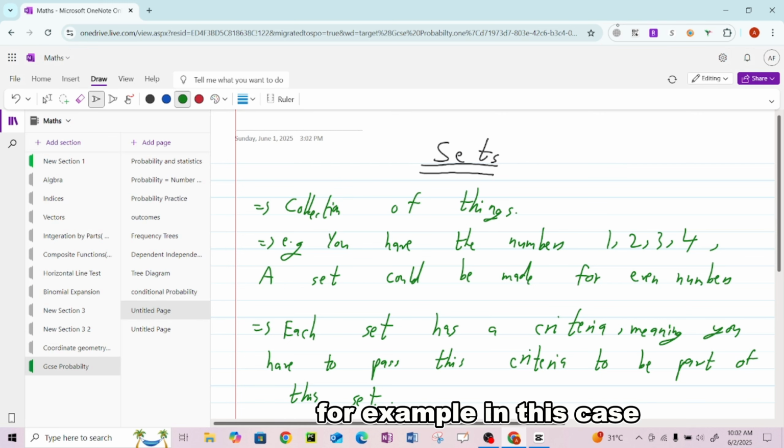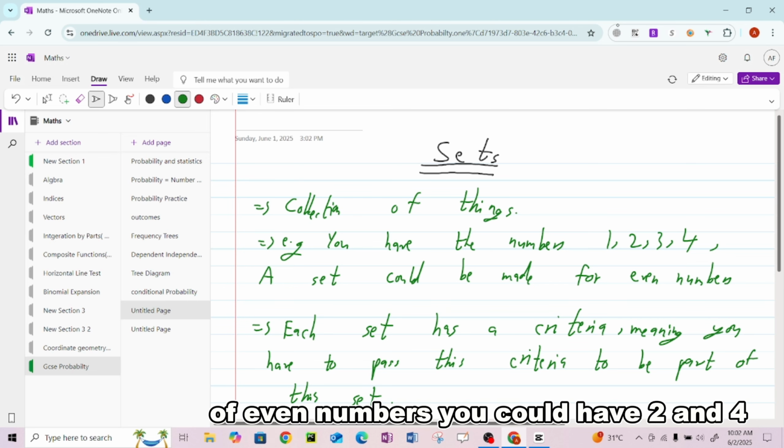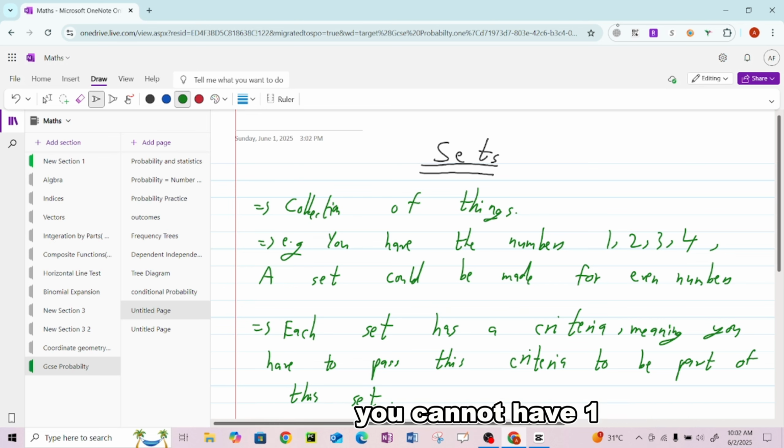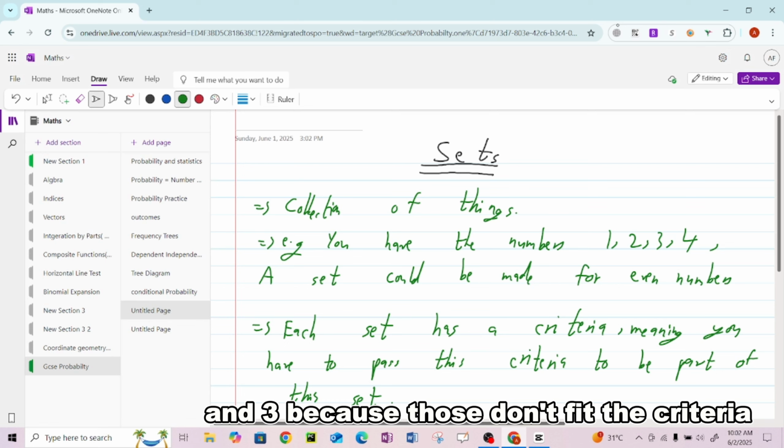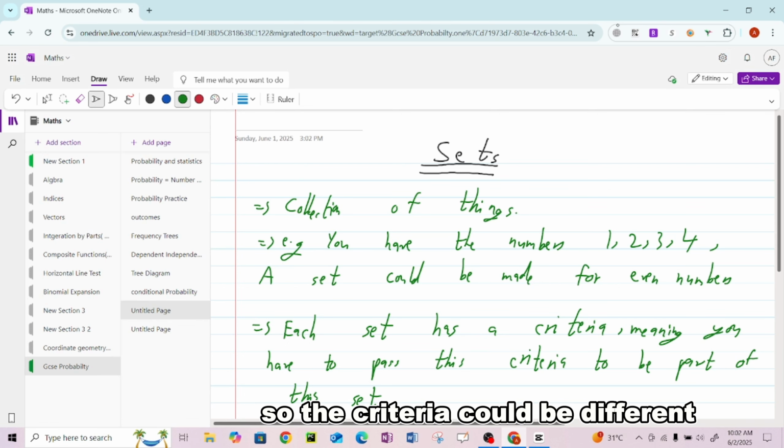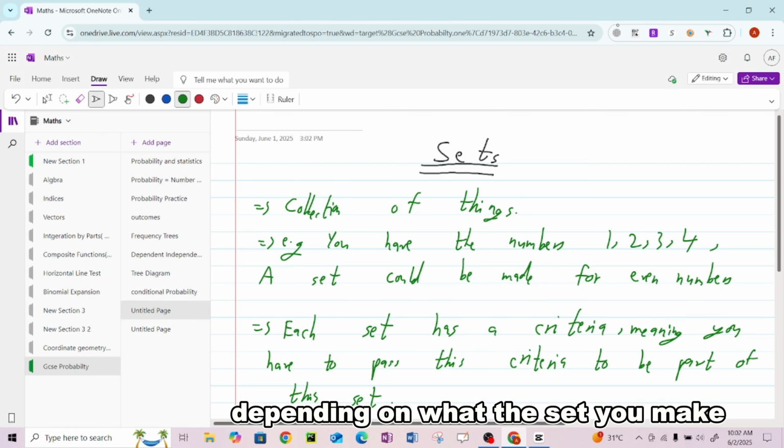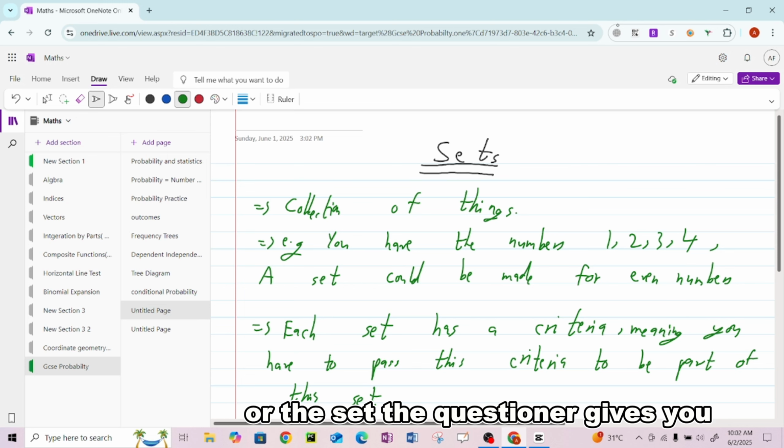For example, in this case, you had the criteria, let's say, of even numbers. You could have 2 and 4. You cannot have 1 and 3 because those don't fit the criteria. So the criteria could be different depending on what the set you make or the set the questionnaire gives you.